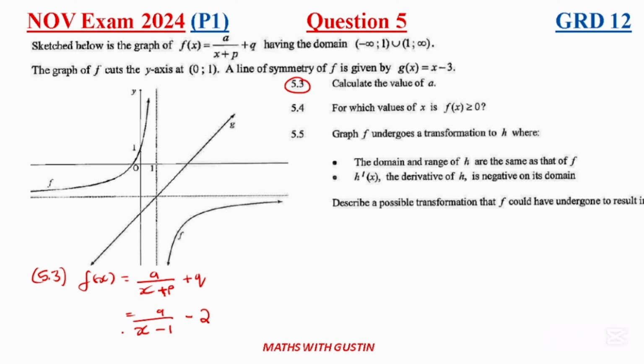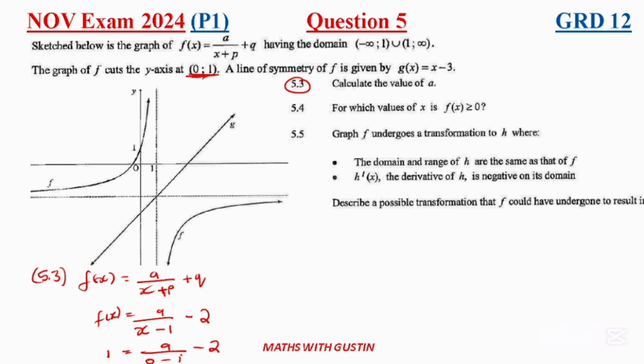Which value can we substitute here? We can substitute this point that was given, which is point A, when x equals 0, y equals 1. So let's go ahead and do that. 1 equals a all over 0 minus 1, minus 2.